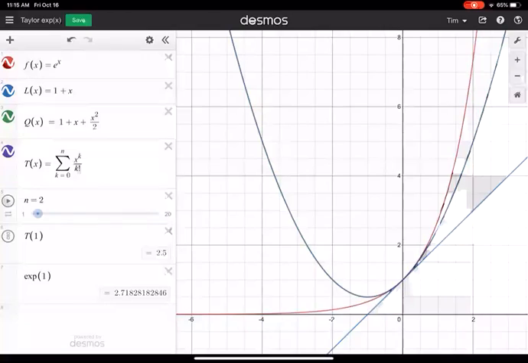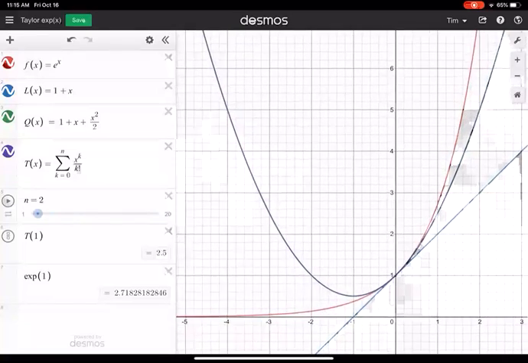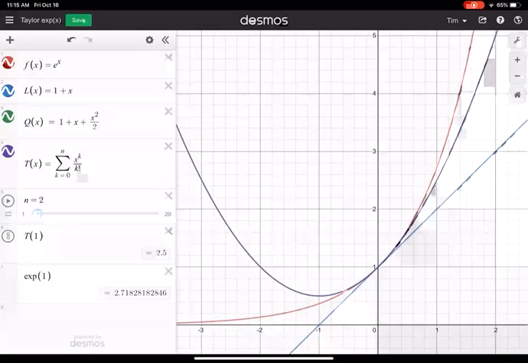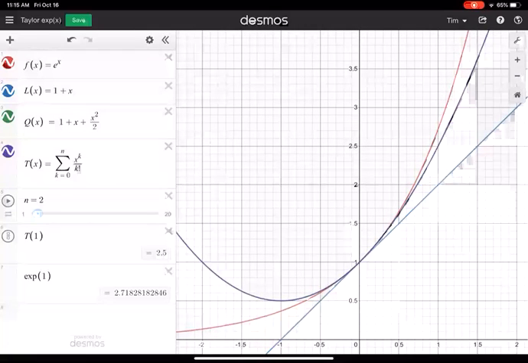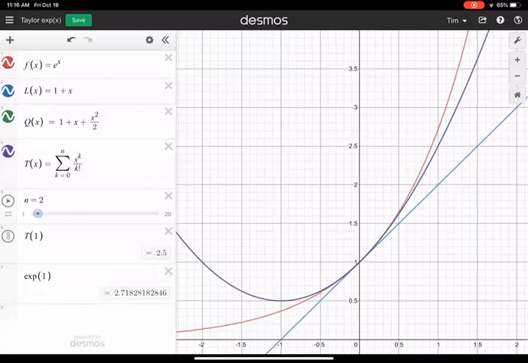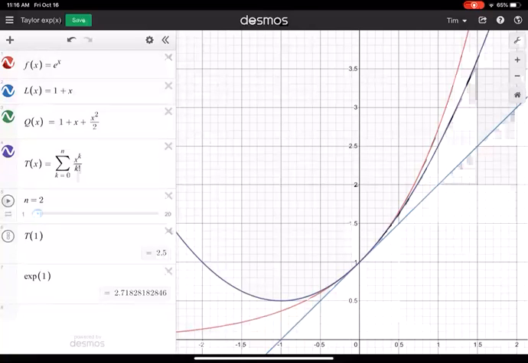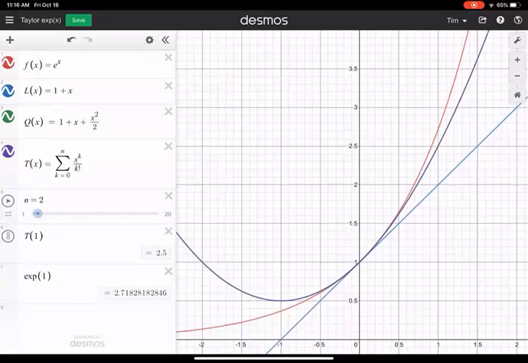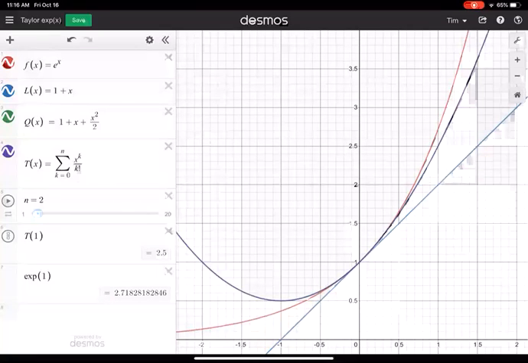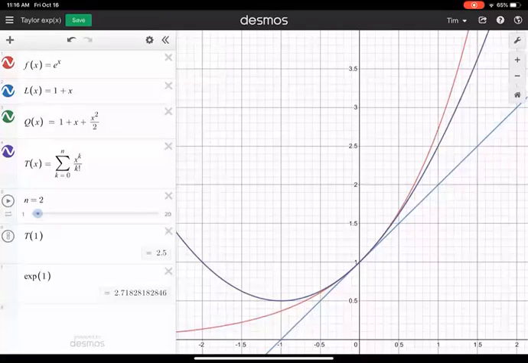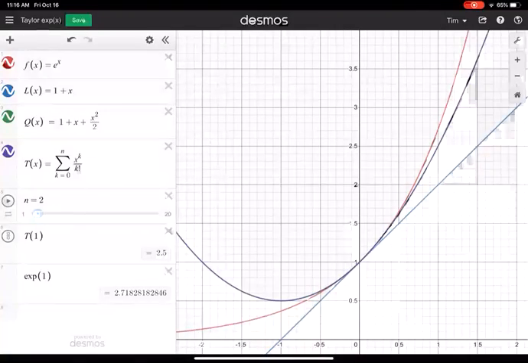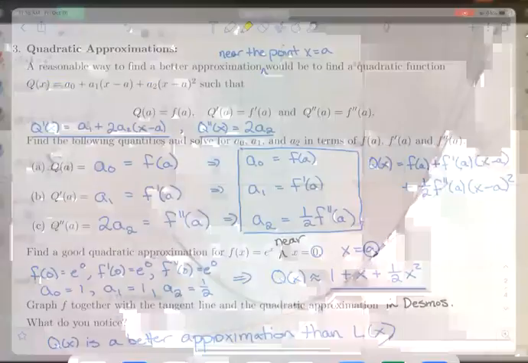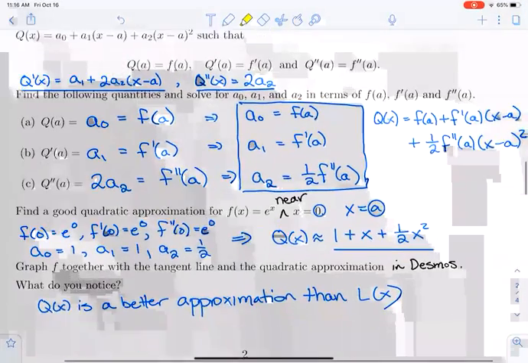But a better approximation was the quadratic approximation, because it really follows that curviness of the function. Now what I would like to do is extend that approximation not just to quadratics, but cubics, quartics, quintics. I want to do higher order approximations of functions like e to the x. So this is what we're going to head toward.